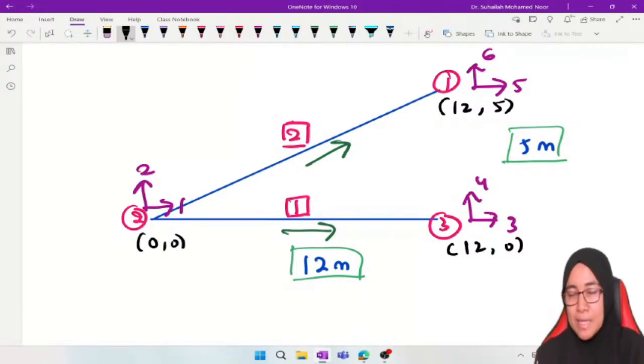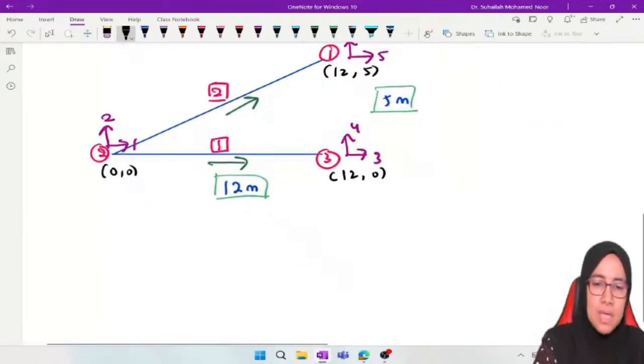We cannot establish the element stiffness matrix without having all this information in the diagram. Now we will move to the first step and establish what we call the element stiffness matrix.